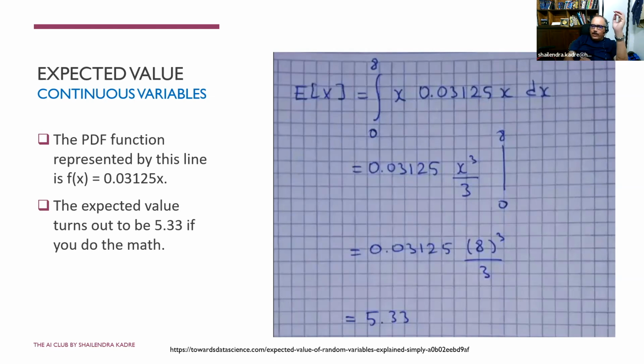So now what have we learned? We have learned two things: how to calculate the expected value E(x) for a discrete variable and how to calculate E(x) for a continuous variable. Right now we have f(x) as a very simple function, 0.03125x, but it can be anything.